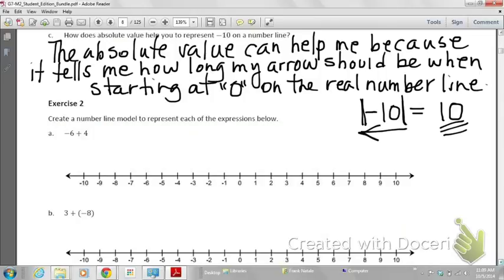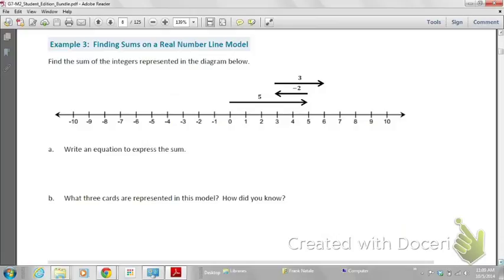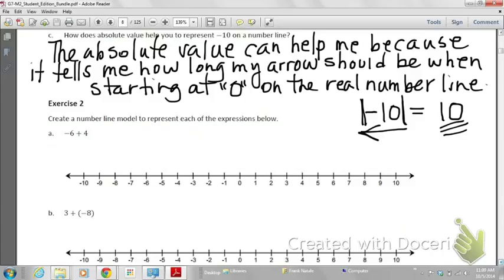Okay? All right, so exercise 2 says create a number line model to represent each of the expressions below. We have A and B. So go ahead and do those, and come on back, and you can take a look at the ones that I created.